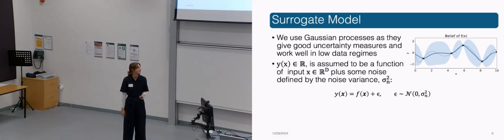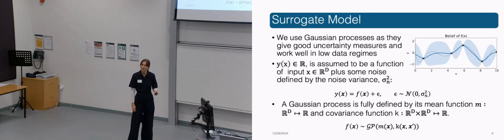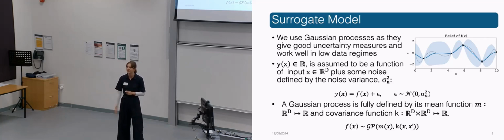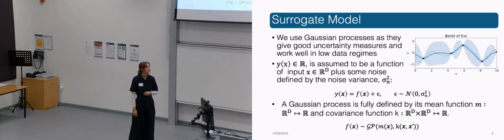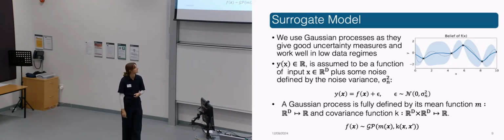So just some notation, yeah, that's our Gaussian process. For all of this work, we used a squared exponential kernel. We did look at using a squared exponential plus linear kernel, but the linear didn't really do much. It wasn't really necessary with this data. And we use a 0 mean because we didn't have any reason to use anything else.